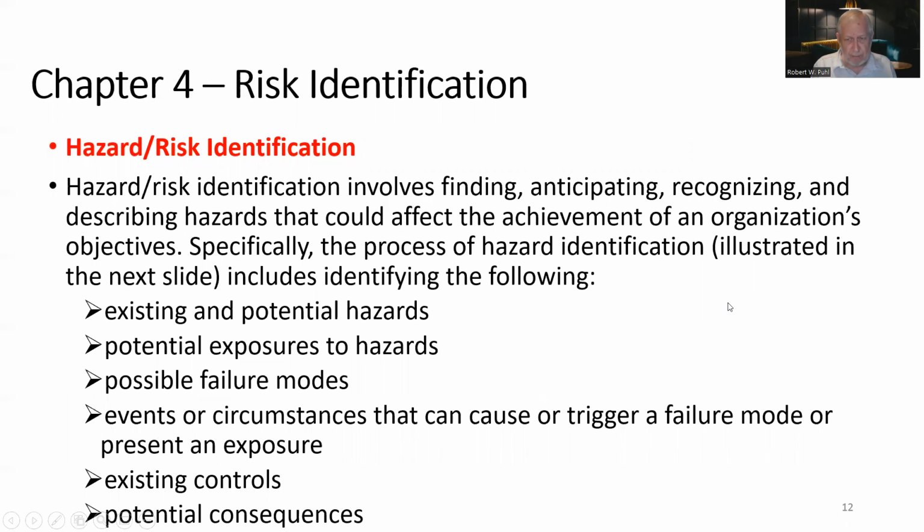Hazard risk identification involves finding, anticipating, recognizing, and describing hazards that could affect the achievement of an organization's objectives. Specifically, the process of hazard identification, identified in the next slide, includes identifying the following: existing and potential hazards, potential exposures to hazards, possible failure modes, events or circumstances that can cause or trigger a failure mode or present an exposure, existing controls, potential consequences.